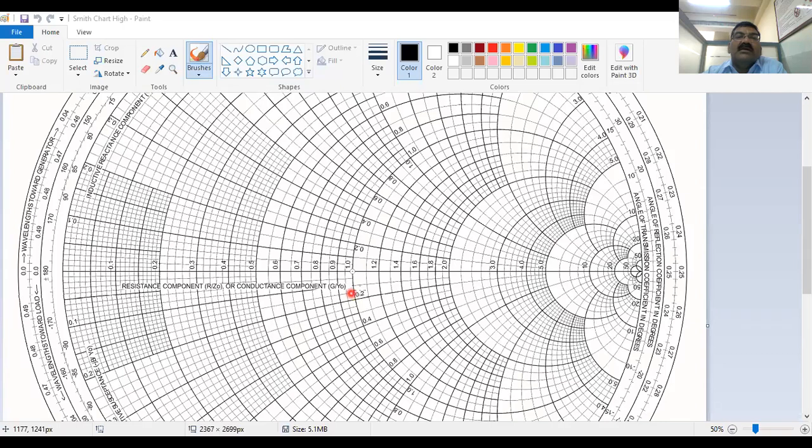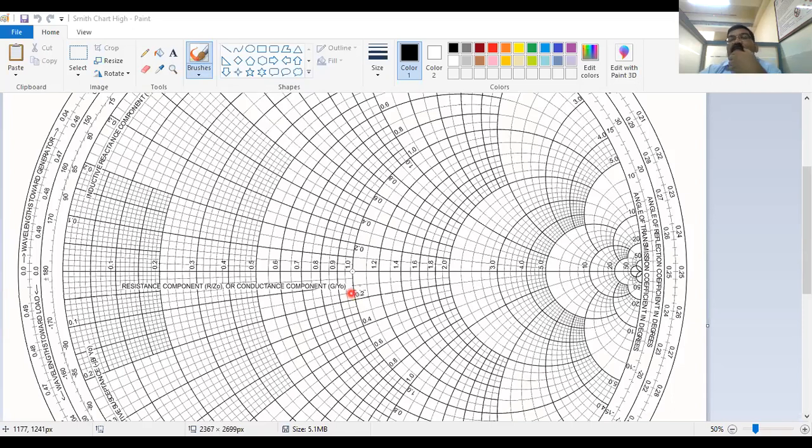I will take another color, the red color, and take the real part. So 2, where is 2? This is 0.1, this is 2. Okay, so I got this 2.